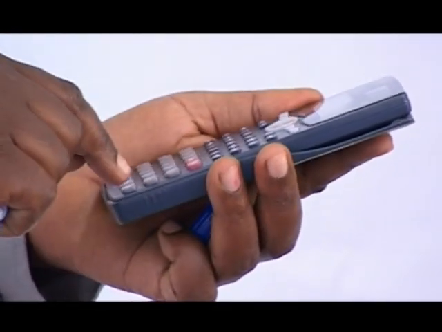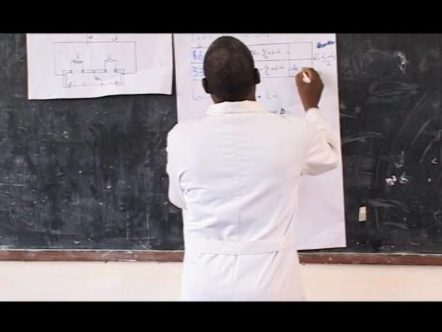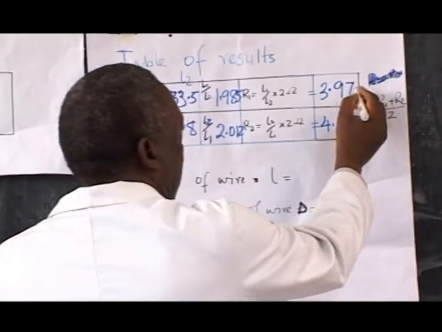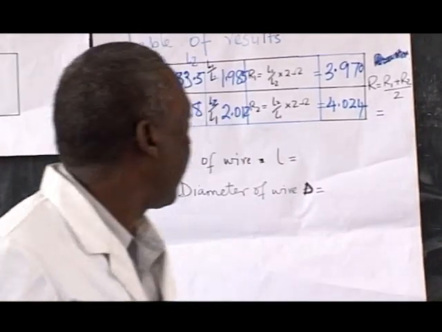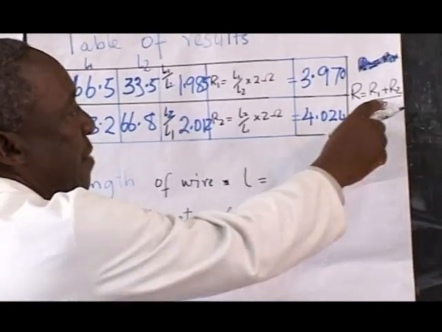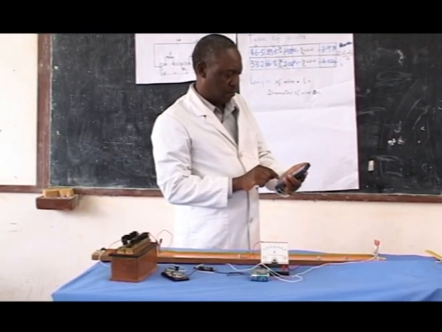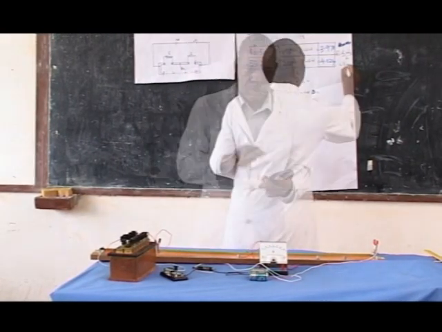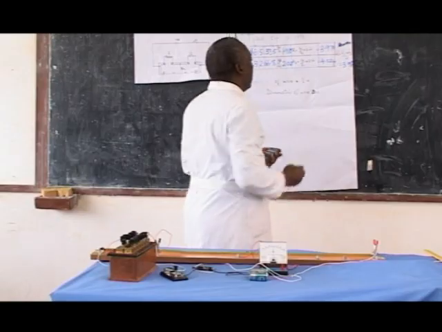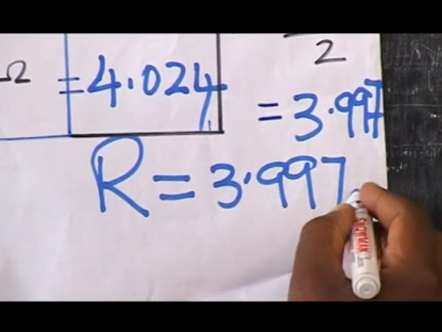Times 2. Thereafter, add the two resistances and divide, to find the average. So the resistance of the wire is 3.997 ohms.